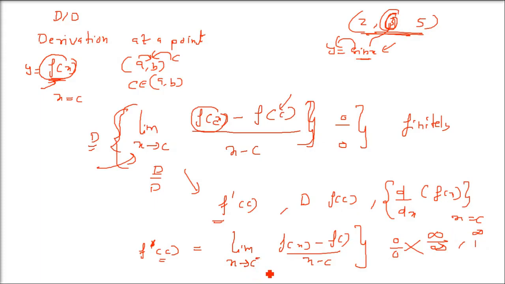So we take c minus and c plus, sometimes c plus h, other times c minus h, and equate them. If they are equal, then the limit exists. We have already seen this limit, but now we are applying it: (f(x) minus f(c)) divided by (x minus c) is your differentiation.